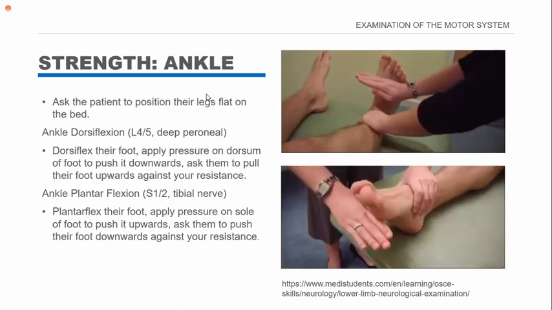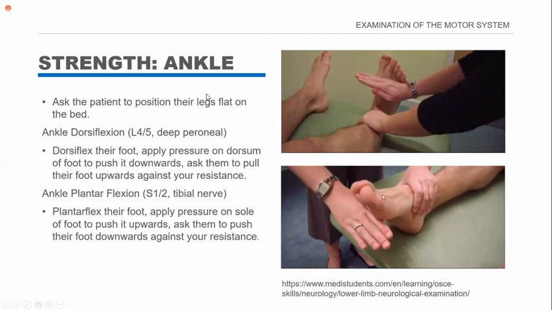Then again, strength checking at your ankle. You ask the patient to dorsiflex their foot, apply pressure on the dorsum of the foot and push it down, and ask them to pull their foot upwards against your resistance. You ask the patient to pull their foot upwards towards their face or towards their body.